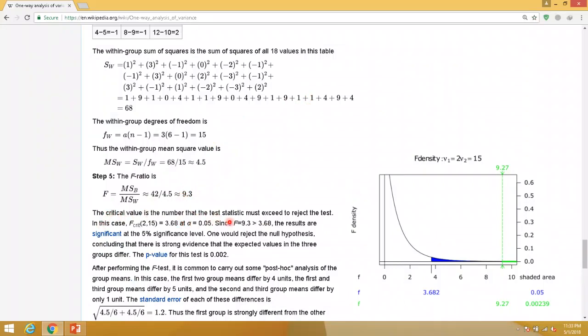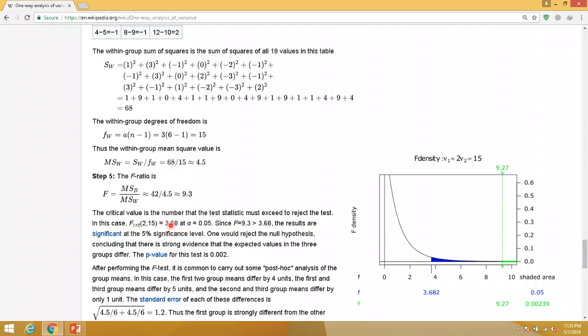Critical value is the number that a test statistic must exceed to reject the test. In this case 2 and 5 for the degrees of freedom.